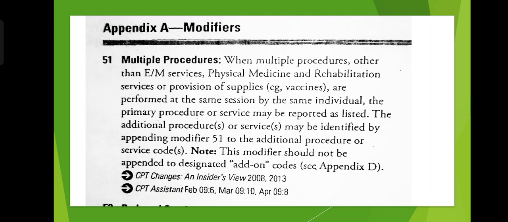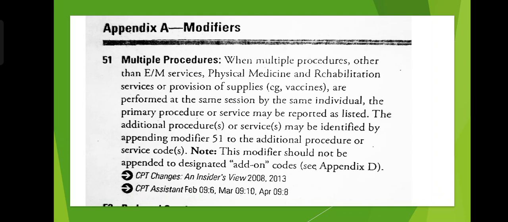Let's read it. When multiple procedures other than E/M services, physical medicine and rehabilitation services, or provisions of supplies, for example vaccines, are performed at the same session by the same individual, the primary procedure or service may be reported as listed.